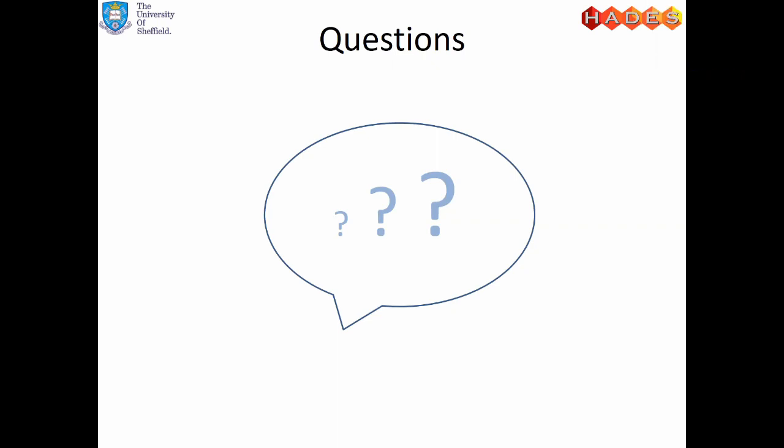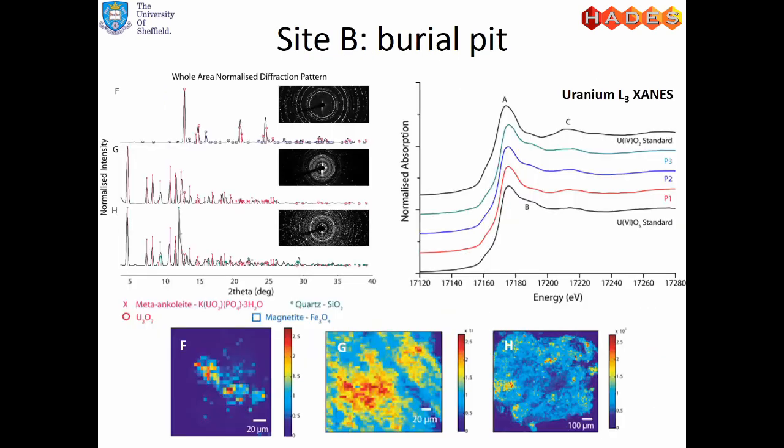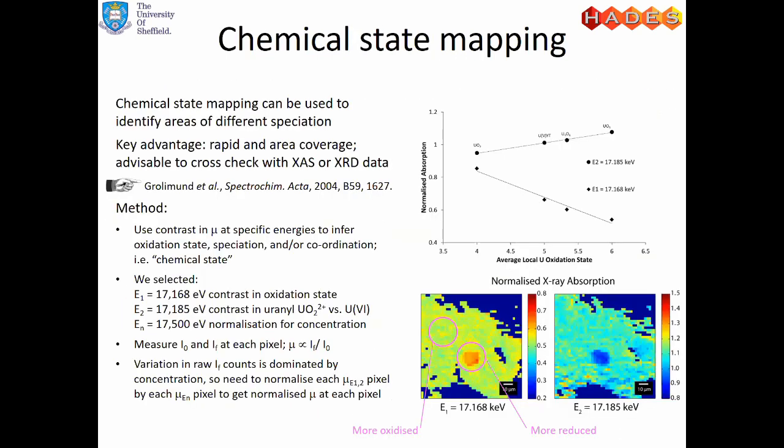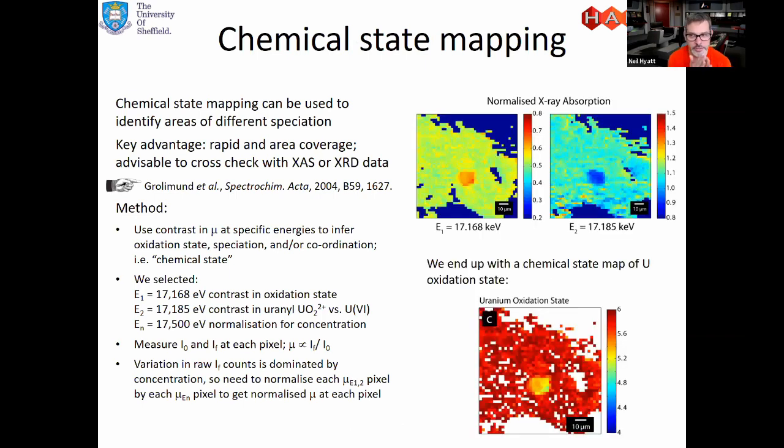Yeah. And so with those two energies that you're looking at, I can see how that can differentiate between the U4 and the U6, but how does that then differentiate for those other oxidation states that are present? Right, so I guess it doesn't necessarily differentiate, perhaps not quite the right word, but in this example here, you see something which on this scale is indicative of an intermediate oxidation state of U5.